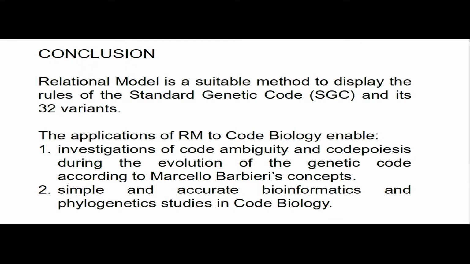So it means that if we have a specific genetic code, one of those 33, or 32 actually, in addition to the standard, we could analyze closely related organisms which use that code and more precisely observe the differences. So its applications are in code biology, in bioinformatics, and are fully in line with the concepts of Marcello Barbieri.